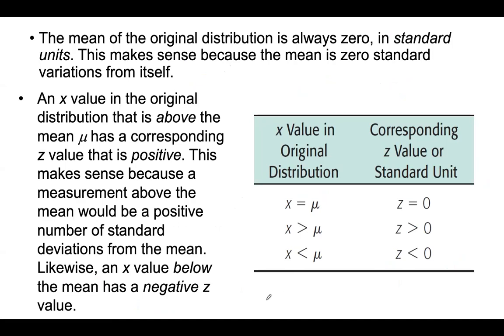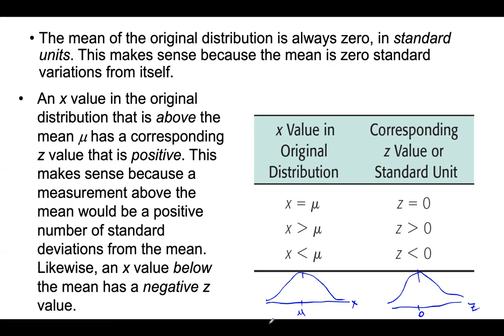You can just draw a little picture to understand this. If this is X and this is our mean, then this one would be 0. If X were greater than the mean on this side, then Z would be greater than 0 on this side.